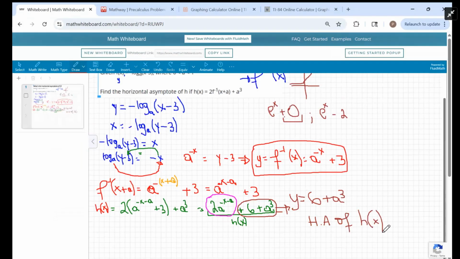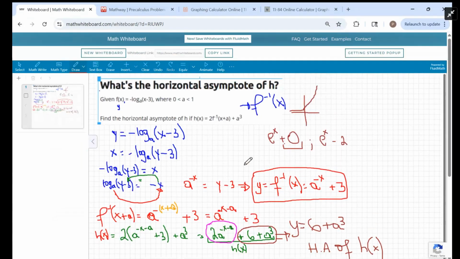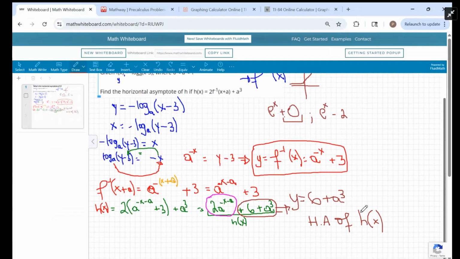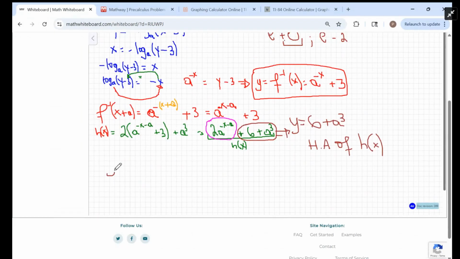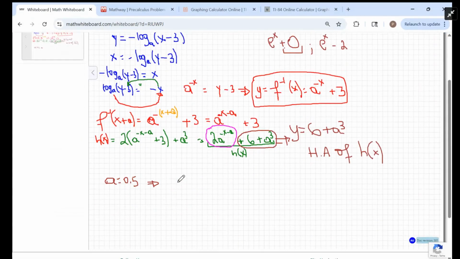Now, it may be too much of a concept, so let's use an example. Remember, a was between 0 and 1, so let's use a equals 0.5. If a equals 0.5, for the sake of our example, f of x was negative log base 0.5 of x minus 3.